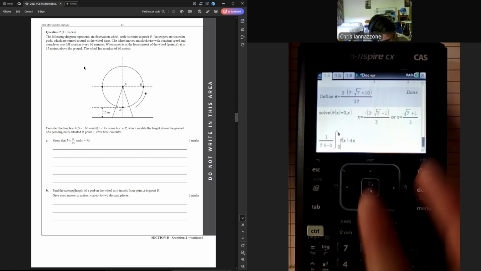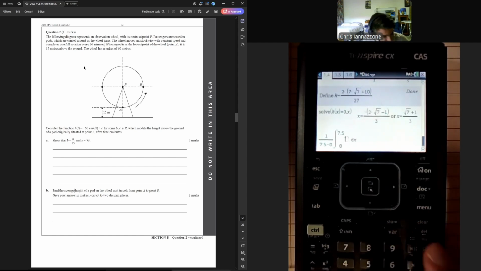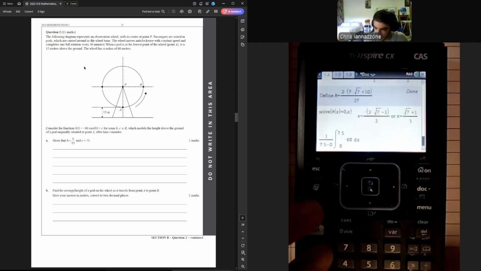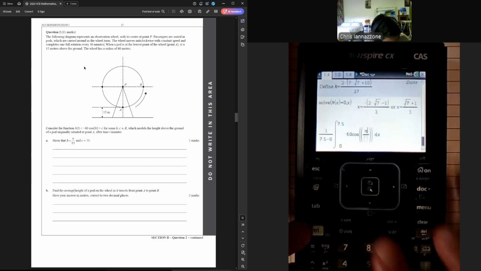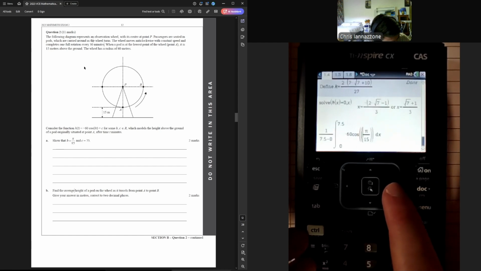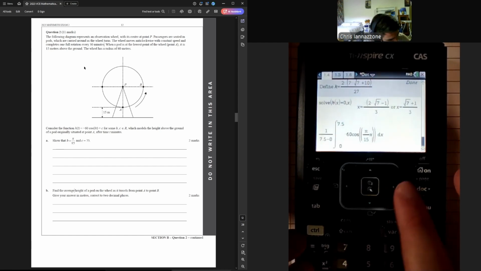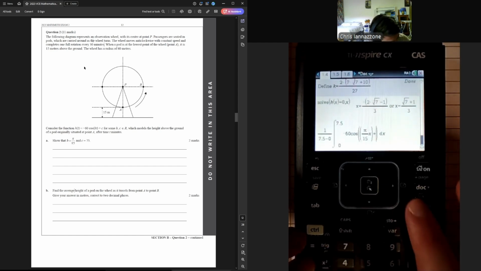So we'll put a 0 here, 7.5 here, and then all we're going to do is plug in what our function actually is, which is, of course, -60 cos bracket b, which we know is pi on 15, pi on 15, whoops. You can do x, you can do t, it doesn't really matter as long as you're consistent with it, with like the dx at the end.